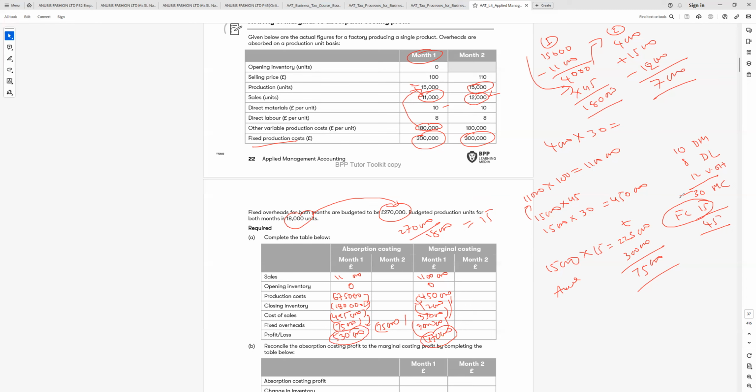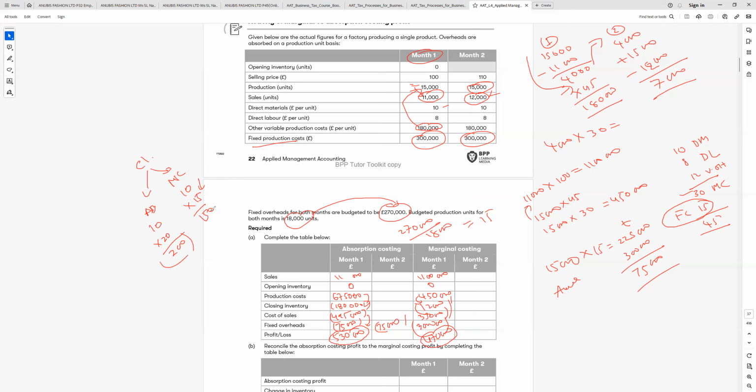For that reason, if you have a closing inventory, for example, 10 units under both the absorption and the marginal, under the absorption it will be multiplied, for example, by 20. Under the marginal, it will be multiplied by 15. Why? Because the marginal costing does not include the fixed cost. For that reason, here it will be, for example, 200, and here it will be 150.